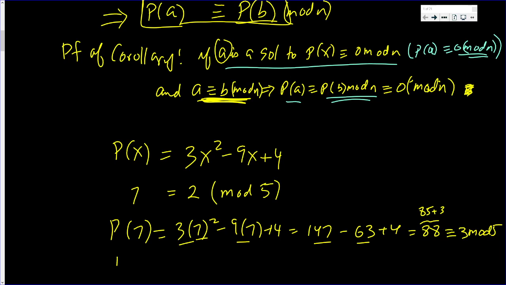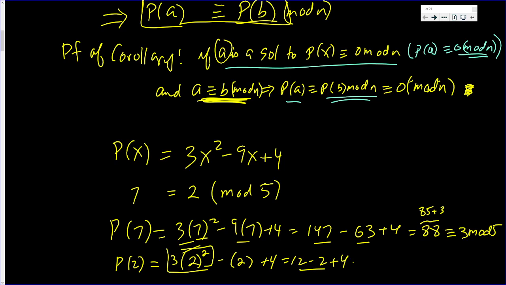Now let's look at p of 2. p of 2 is 3 times x squared minus 9 times x plus 4, where x is 2. So this is 3 times 4, which is 12, minus 2 plus 4, which is 14.